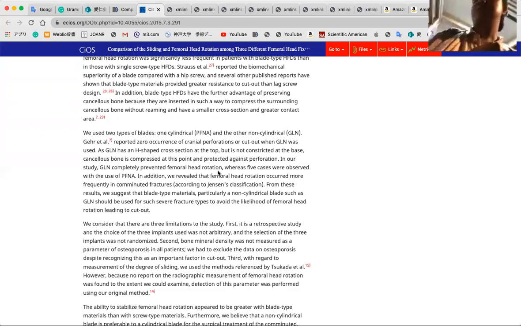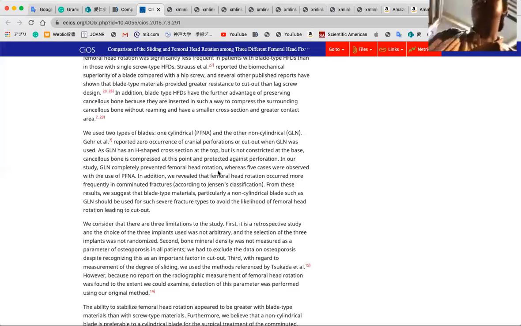But at the same time, sliding can cause leg shortening. So again, in the current concept, we tend to prevent the excessive sliding using the sliding blocking mechanism.